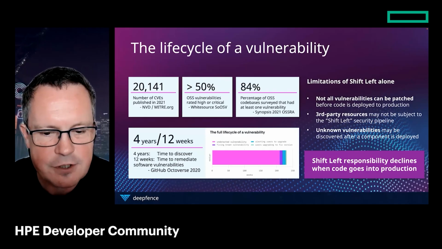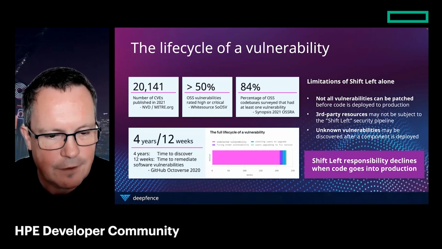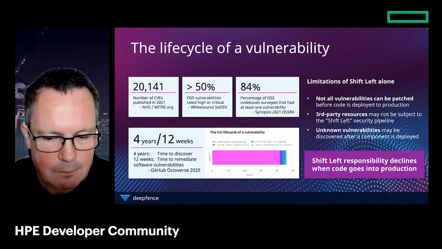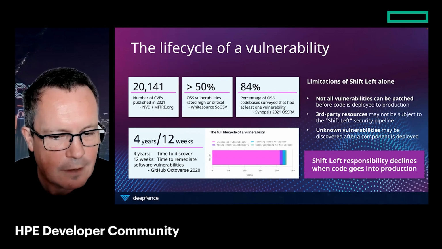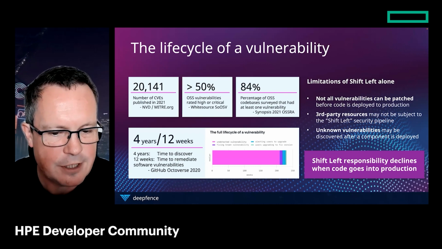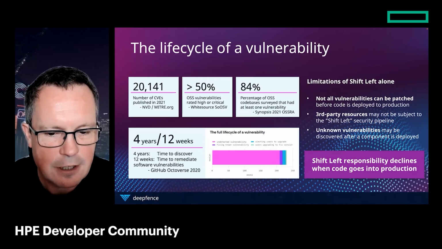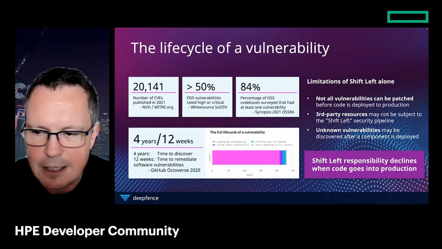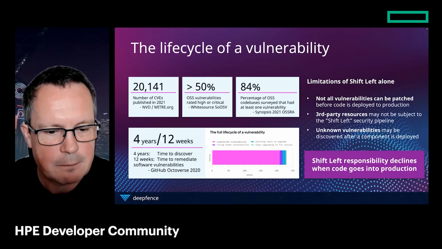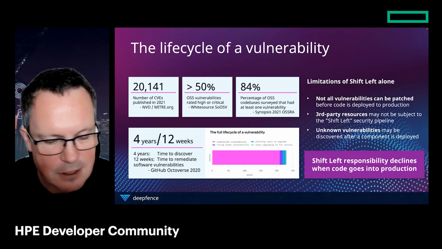So that gives attackers a significant window to try and exploit a vulnerability that has been found. But more importantly, it means that organizations who scan code for vulnerabilities before it's pushed into production then are significantly exposed because unknown vulnerabilities can be found at any point after a component has been deployed.